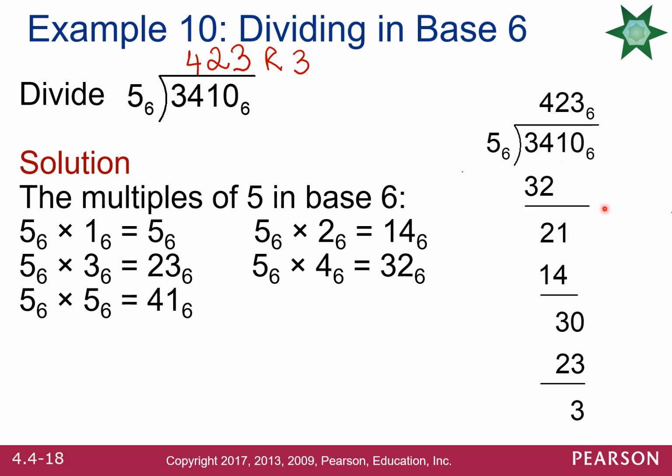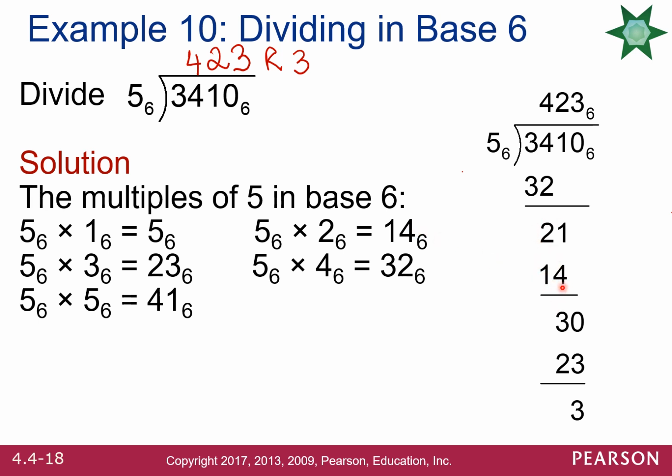And next they again repeat the process. What should we multiply 5 base 6 by to get a value closest to 21 without going over? 14 base 6 was the one to choose. So we write the 2 up here and the 14 down below.